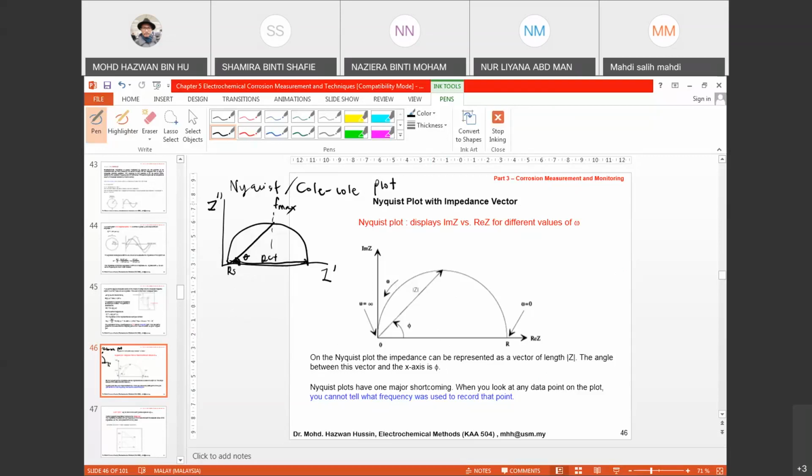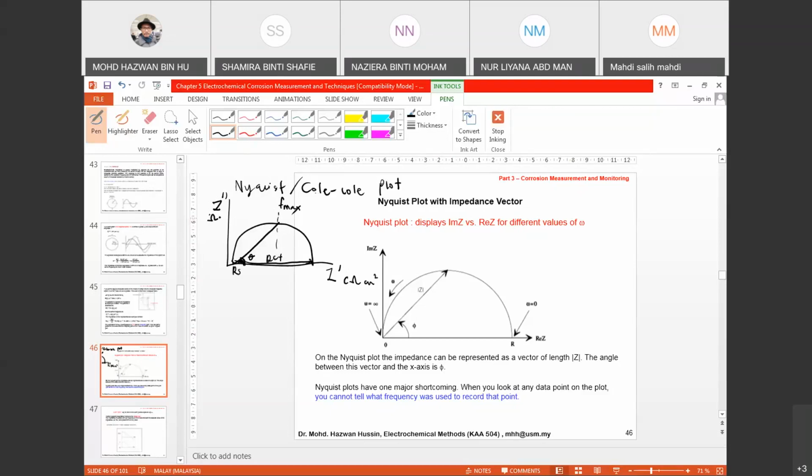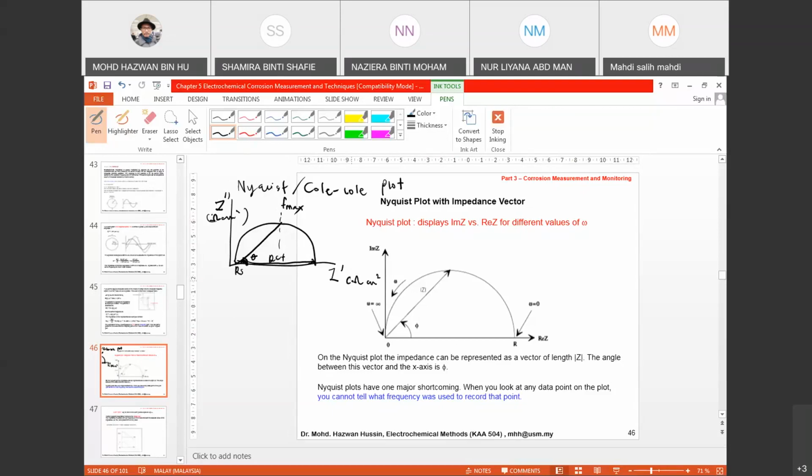When you look at a Nyquist plot, it just gives you the response of imaginary versus real, and the unit is ohm centimeter square on both axes. So when you look at the data, you cannot tell, for example, at half of this measurement, at which frequency your RCT finishes.